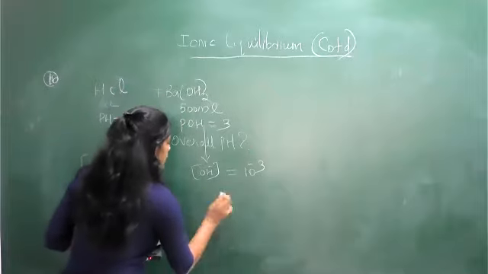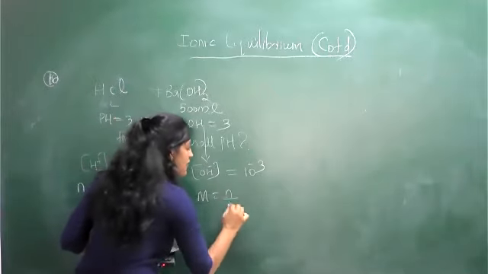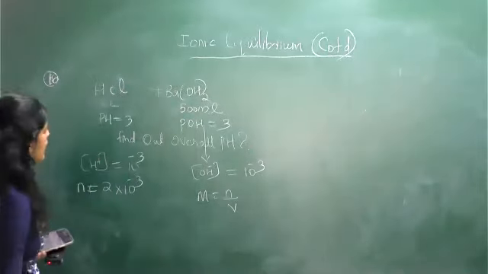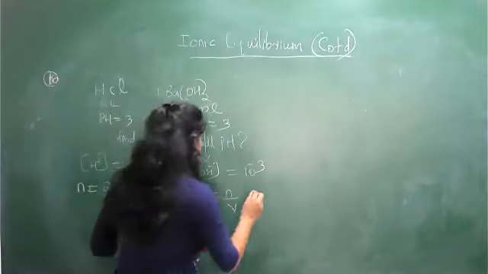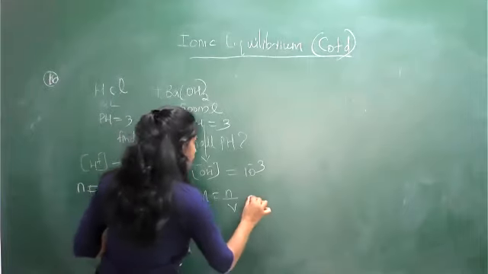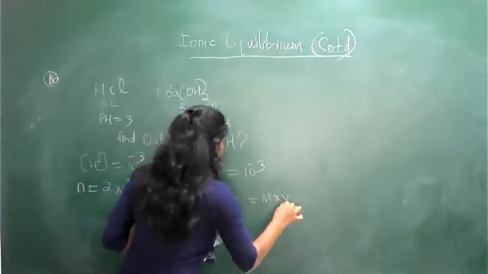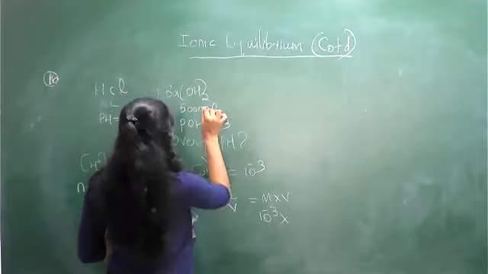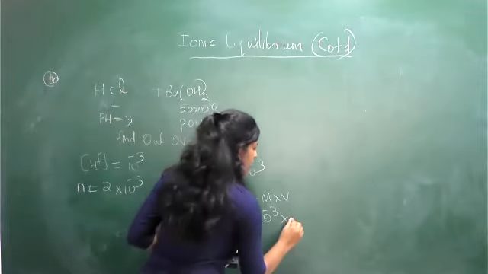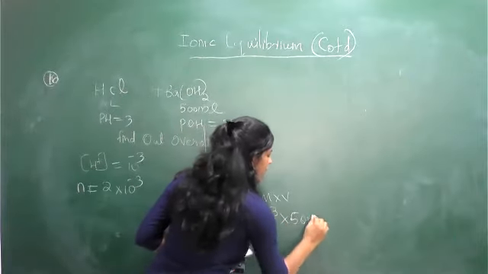Before that, M is equal to N by V. So we can easily substitute: number of moles of OH minus ion equals M into V. Here 10 to the power minus 3 into 500 upon 1000.